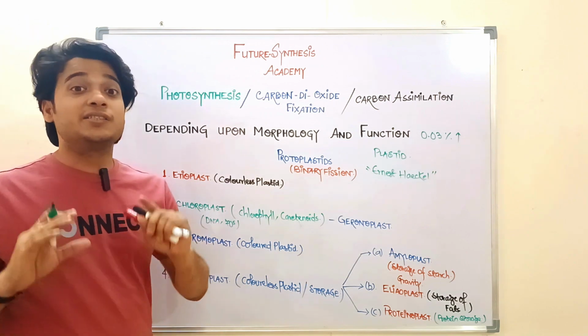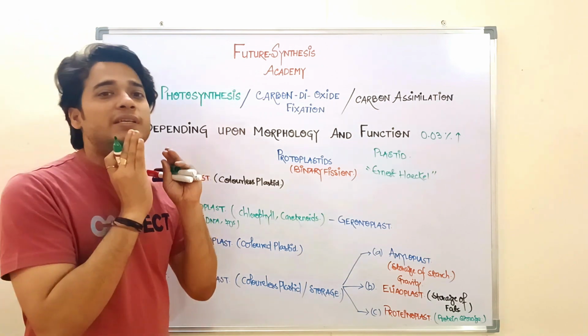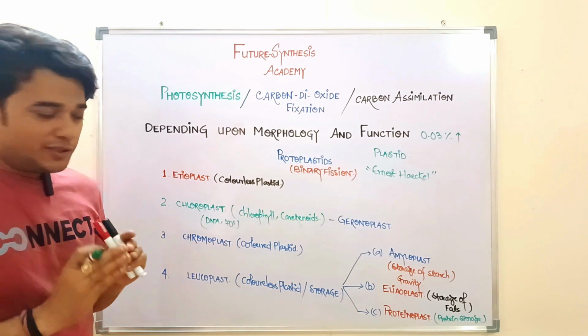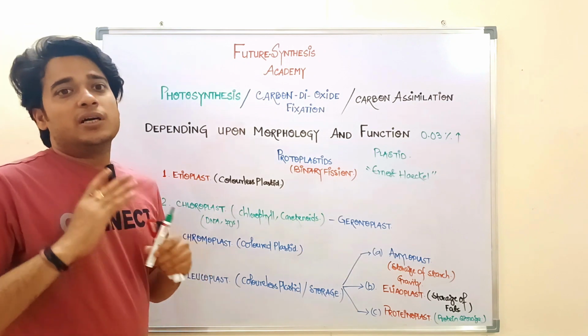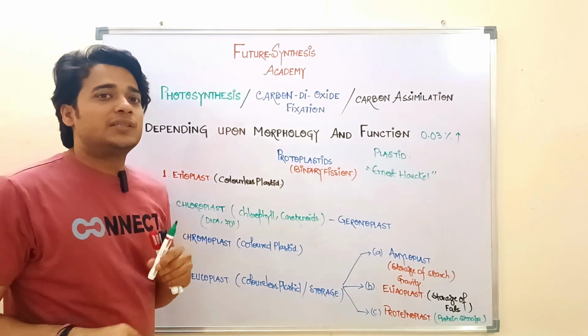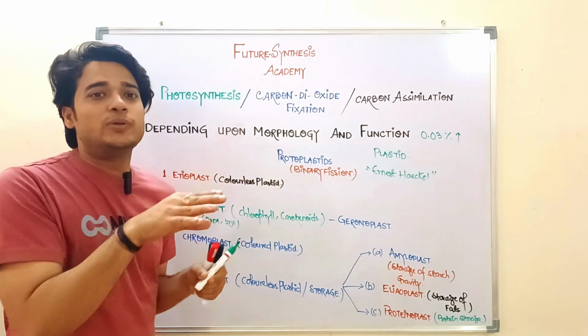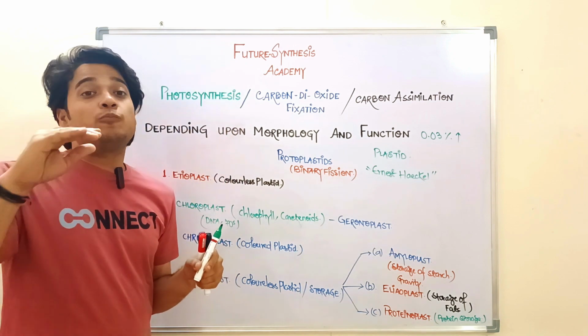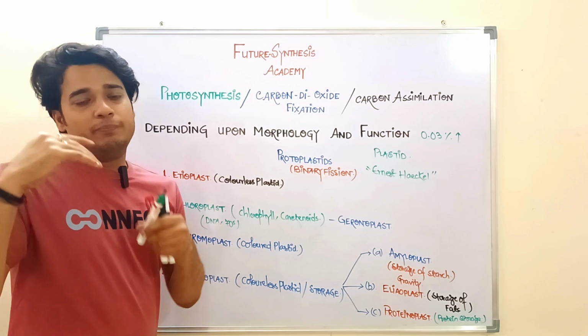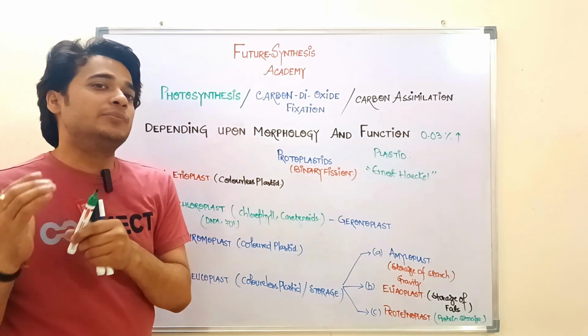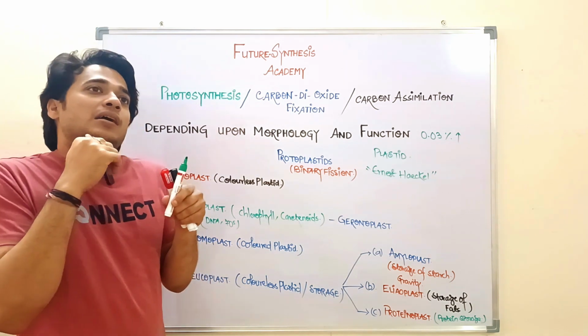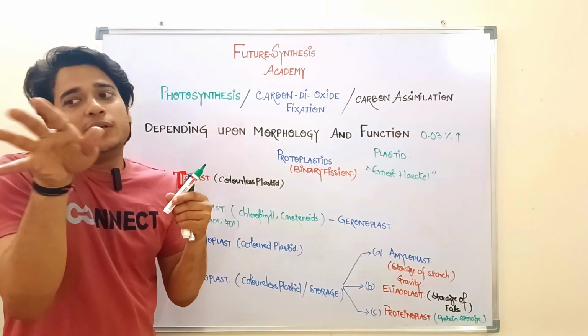But the chloroplast is majorly controlled by the nuclear DNA, because a lot of chloroplast proteins are formed by the nucleus, and a protein traffic mechanism is involved to send the protein into the chloroplast.